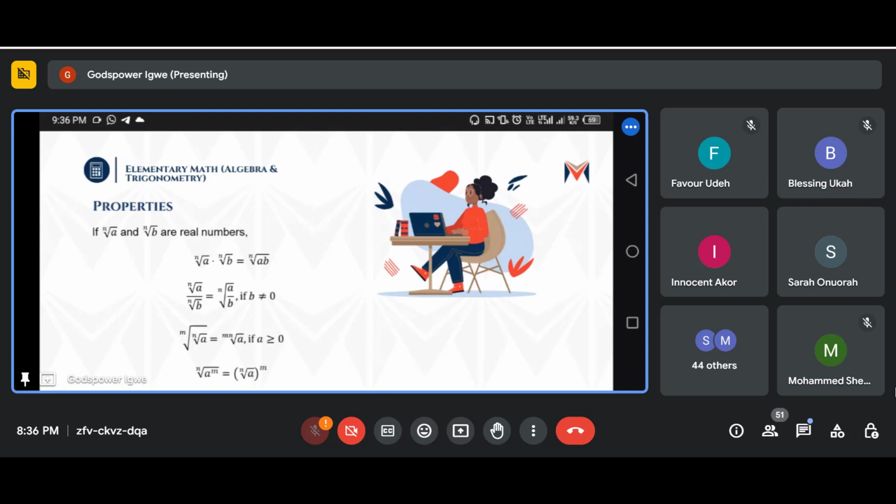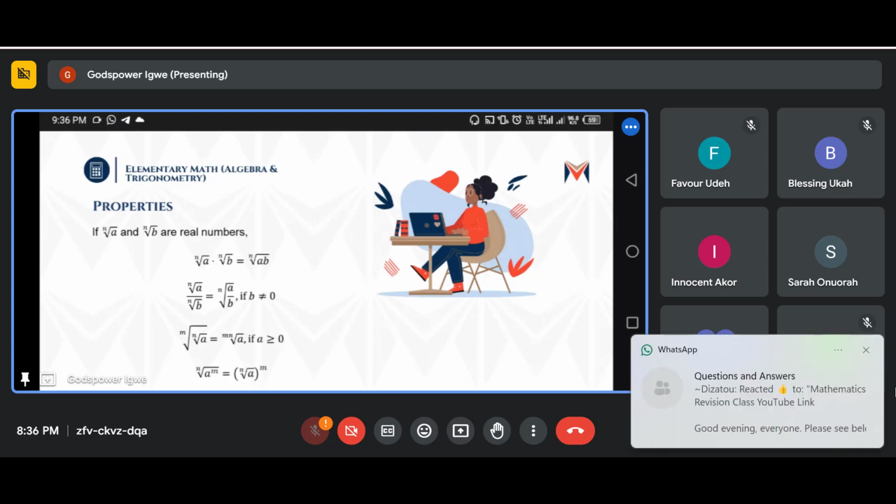We've already been doing this. Then if the nth root of a over the nth root of b, you can pick the same root and then take the root of both of them. We've already done that. Then the root of m and root of n can give you m times n, then you take the root of a. I think this is the part that we've not done. Then the nth root of a raised to power m.